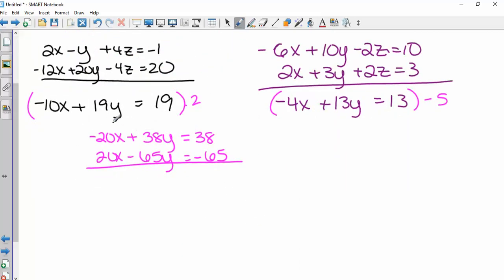When we put those together, these cancel. I get negative 27y equals negative 27. Divide, so y is 1.